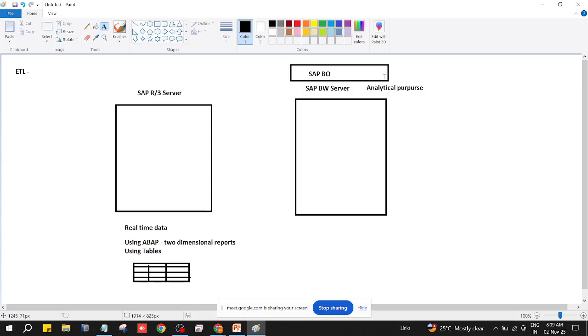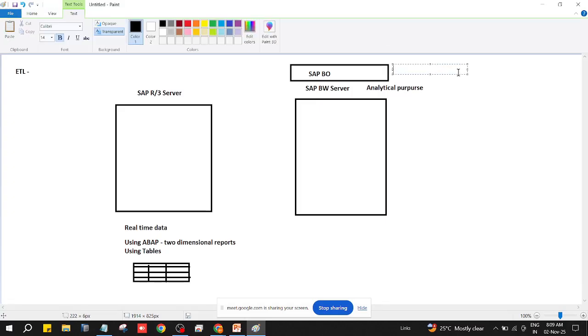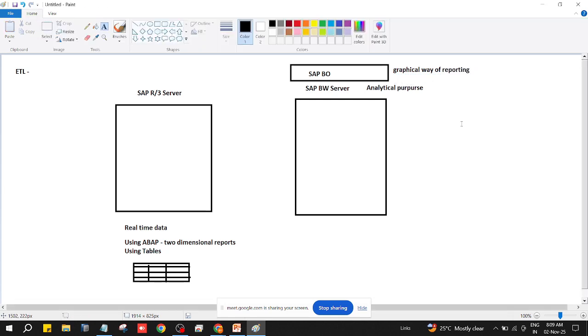So many front-end tools provide graphical, colorful reporting: pie charts, graphic charts, Excel, dashboards, all those things. So reporting is extended like this in a graphical, pictorial way.